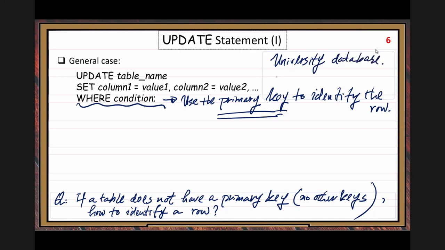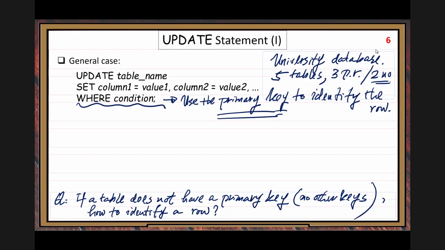Inside it, there are 5 tables. Among the 5 tables, 3 have a primary key, and 2 have no primary key. And we need to update the data for all 5 tables.